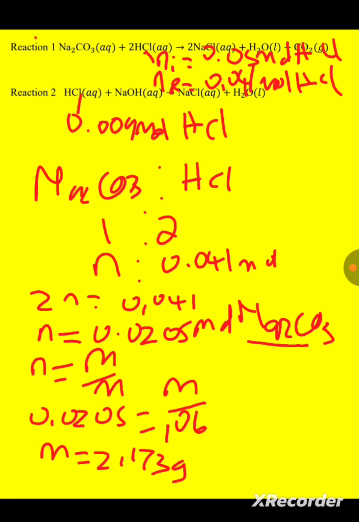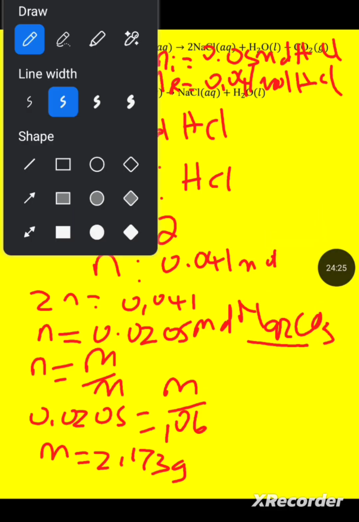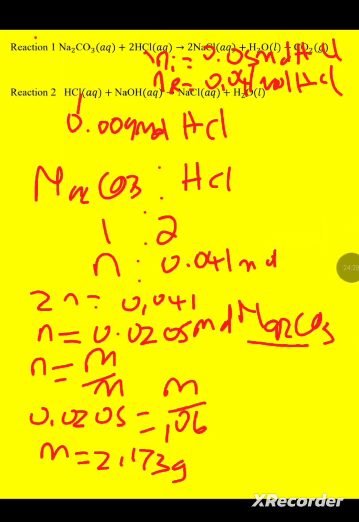Right. Now to get percentage purity, so let's check what we did there. I said you get initial, I'm starting from the beginning now to explain what I did. Okay, HCl is there here and it's also there in reaction number 2. All right.